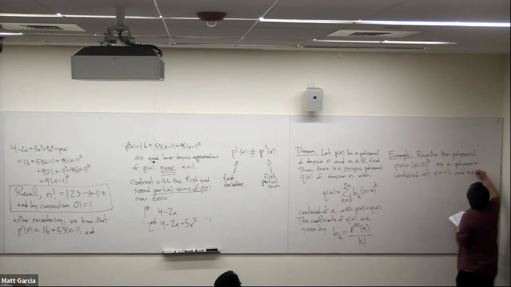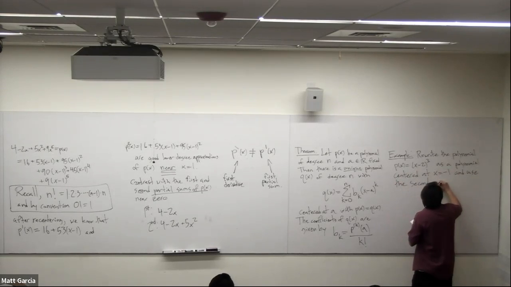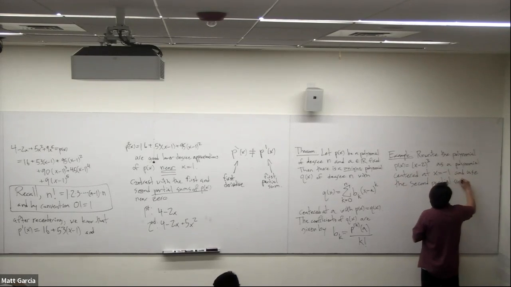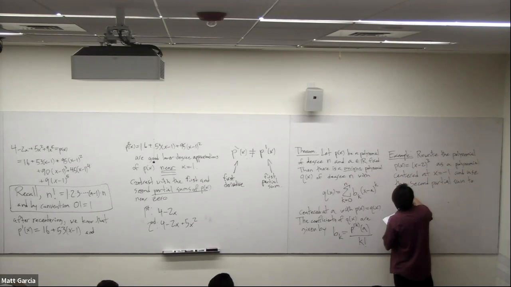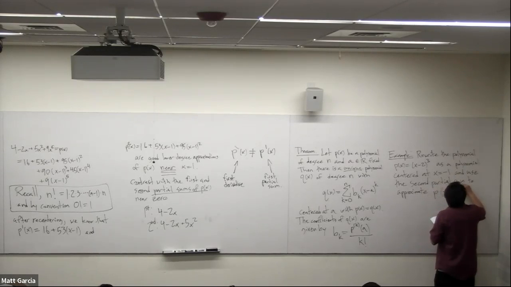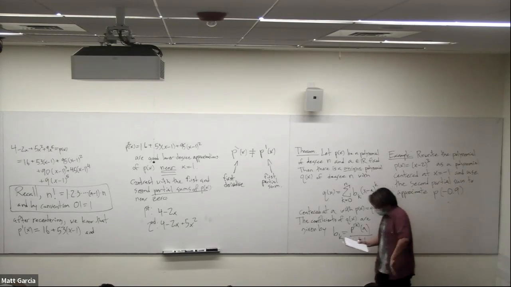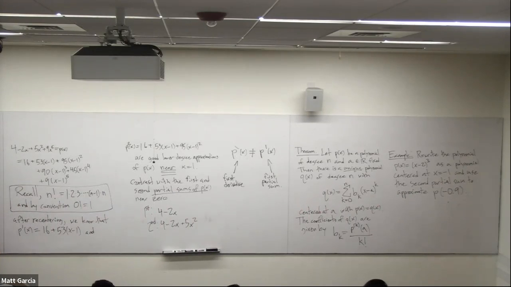And I'll ask you to use the second partial sum to approximate P evaluated at -0.9. Okay. So why don't we take just a couple minutes, 3 or 4, see what you can do with this, and then we'll talk about how to address it.